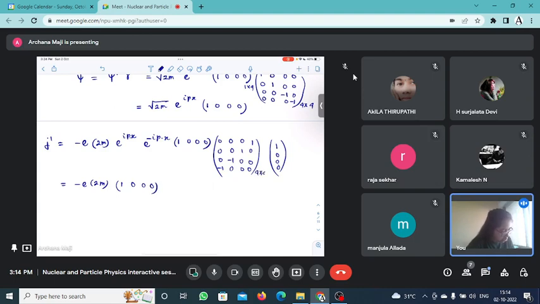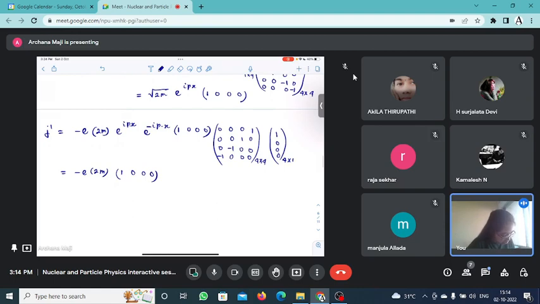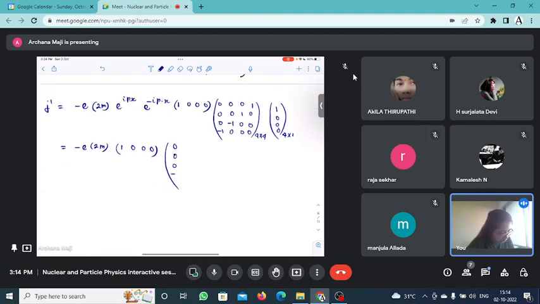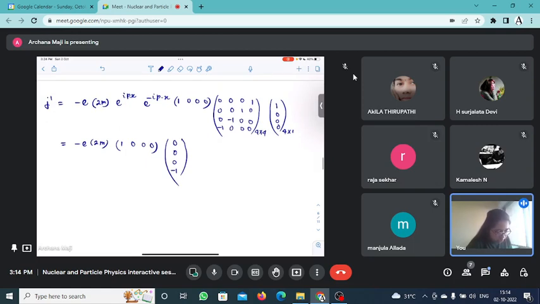Let's multiply these two, so that will give us a 4 by 1 matrix. The first 3 elements will be 0 and the last element will be minus 1, and if you multiply with this matrix, you will get 0. So J1 is 0.